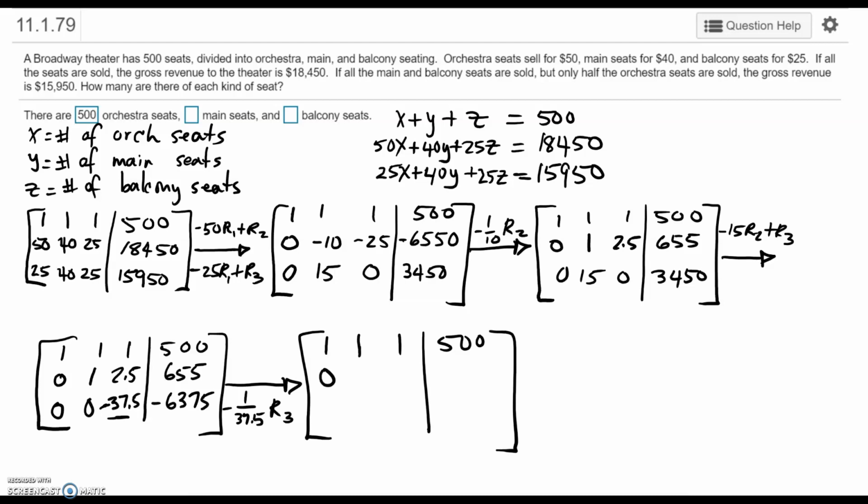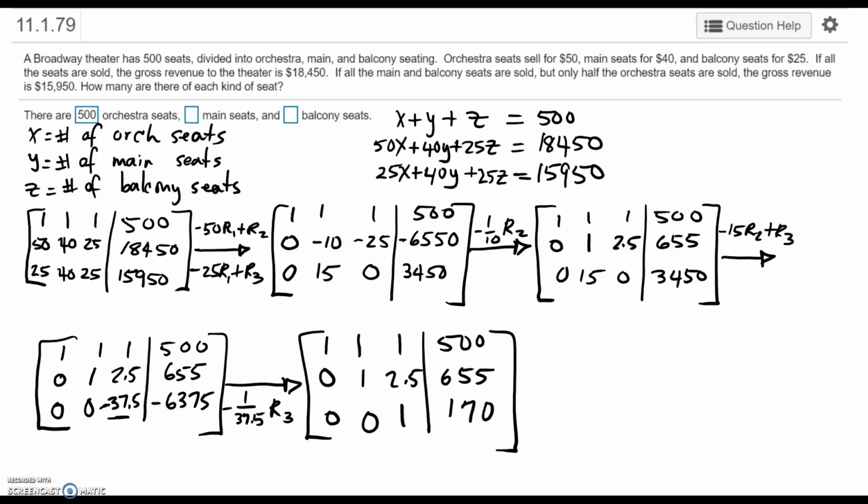My row 2 stays the same. My row 3 now becomes 0, 0. When I divide negative 37.5 by negative 37.5, I get 1. And then when I divide a negative 37.5 into a negative 6,375, I get 170.